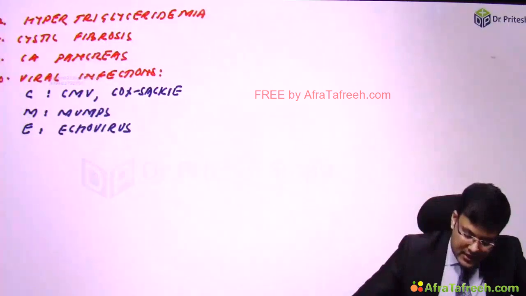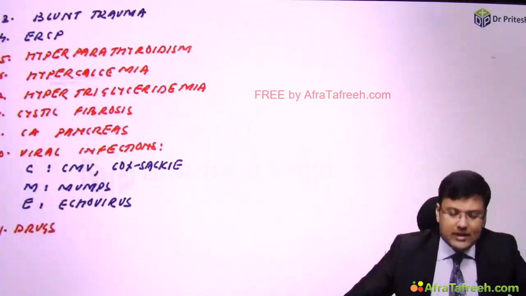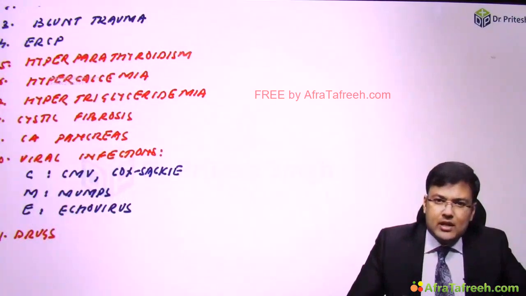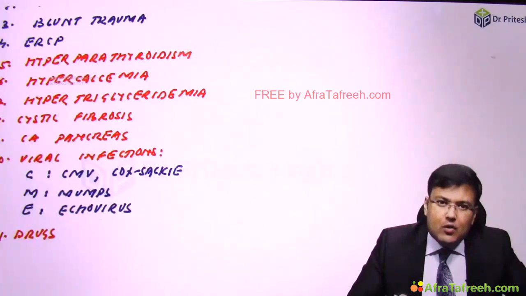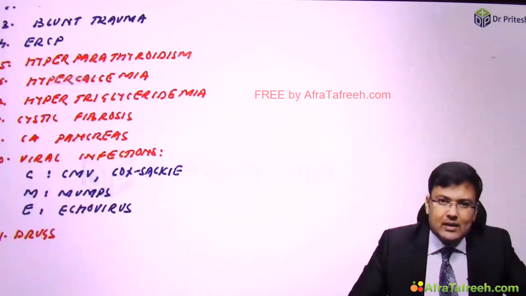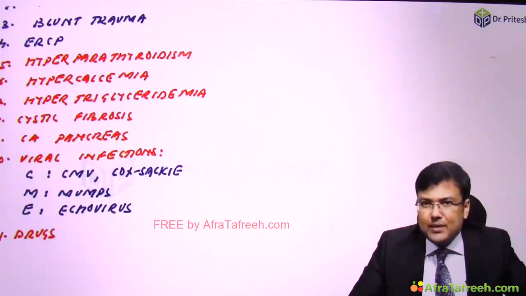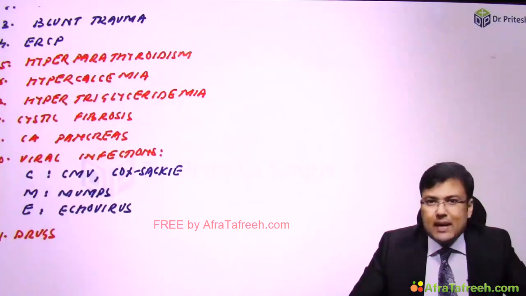After that, drugs. Now what is the basic thing about this etiology? See, anything which can obstruct the pancreatic duct, either temporarily or permanently, because of compression or obstruction, there is pancreatitis.